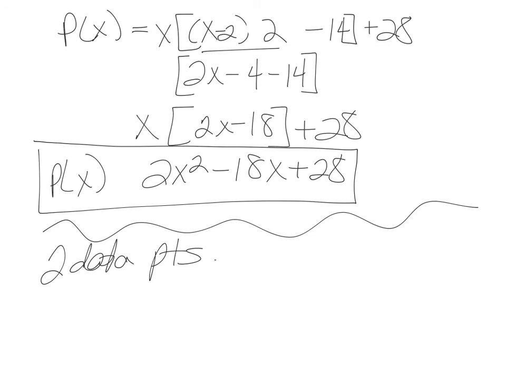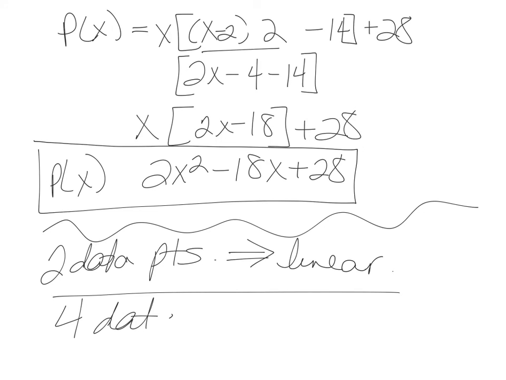Really, if we only have 2 data points, it would be linear. It would be a line. In the next example, we're going to have 4 data points, and we're going to try to fit it to a cubic example.